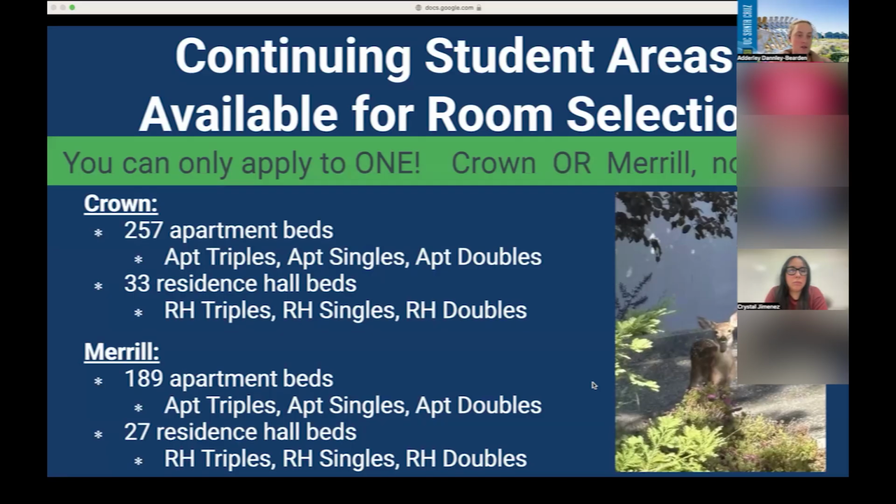And then, as you'll see, I've listed the bed spaces that are available for each college, both the apartment bed spaces and the types of rooms that are available, as well as the residence hall bed spaces, to give you an idea of what's available for continuing students as we move towards the room selection process.